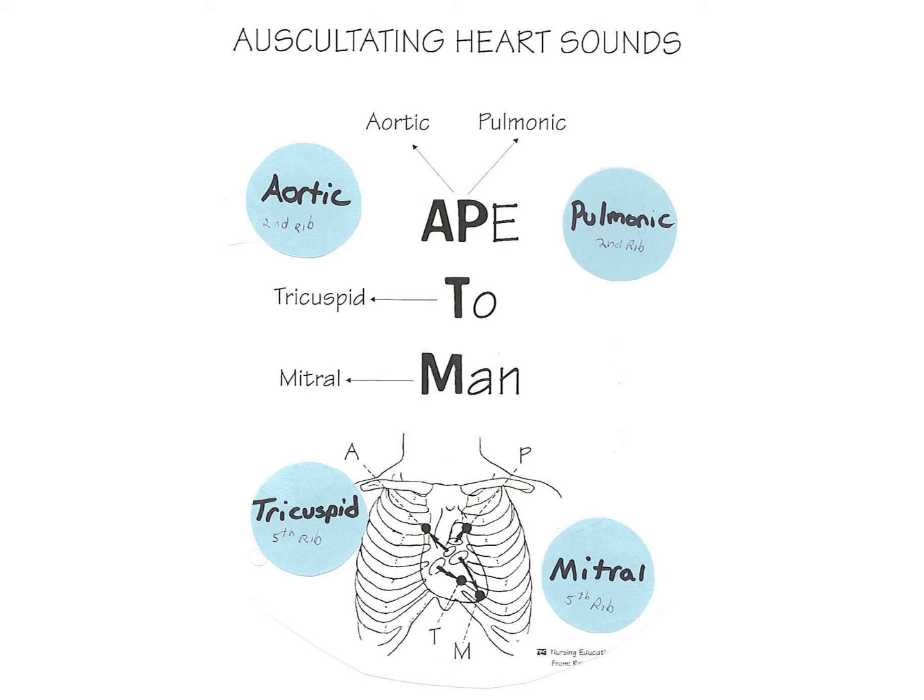So I see in this picture, it looks like they're actually placing their stethoscope on top of a rib. So it's very important that when you do listen for heart sounds that you don't place your stethoscope on top of a rib because those sounds do not transmit through bone.